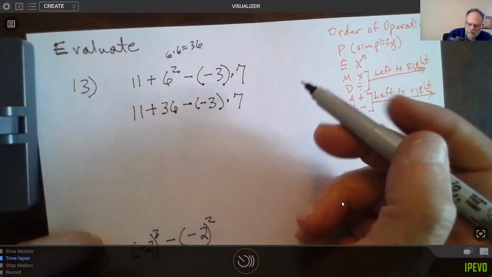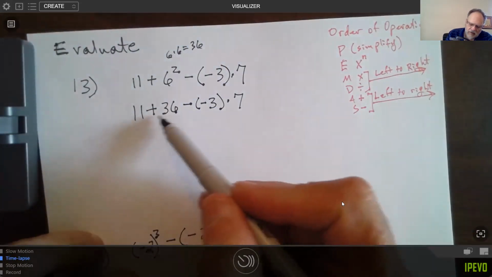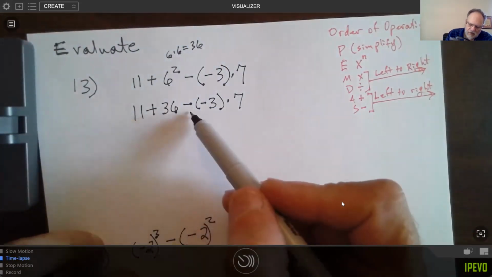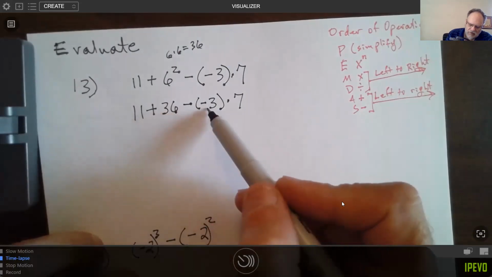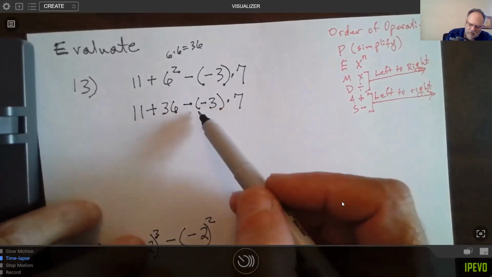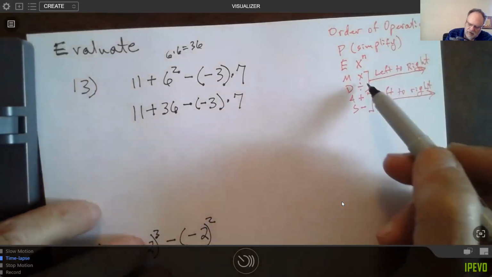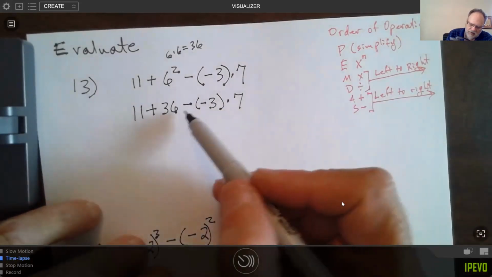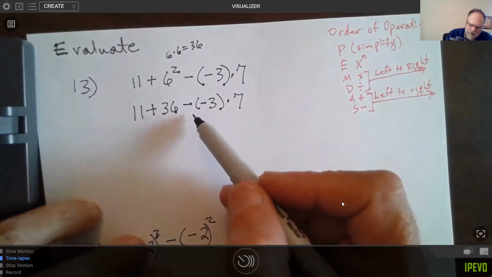Now we've got 36 minus a negative 3 times 7. We've got addition, we can look at this subtraction between 36 and negative 3, and we've got multiplication. Multiplication is higher in the order of operations than subtraction.